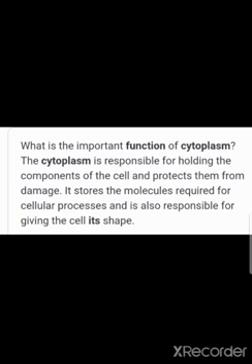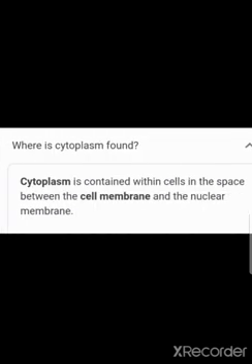So the important function of the cytoplasm is to hold the components that are present inside the cell and protect them from damage. Where is it present? As I have told you, the cytoplasm is contained within the cells, whether it is an animal cell or a plant cell, in the space between the cell membrane and the nuclear membrane.